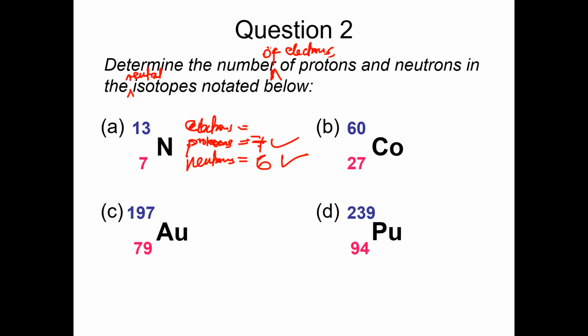Then electrons. They are 7. Remember, I said that number of protons and electrons are the same. If there are 7 protons, then there must be 7 electrons. That is in case it is a neutral atom. Otherwise, if it's not neutral, then the number is not equal. Okay, can you complete the others?